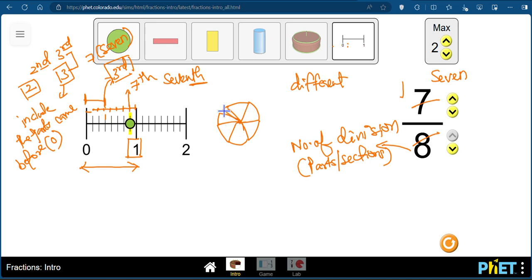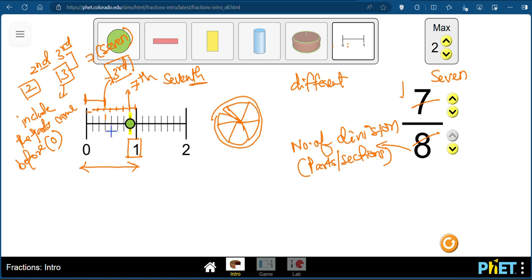Let me keep this much space for my eighth slice, although it doesn't look like all equal slices, but you get the idea. When I say 7, it means all these slices, correct? All slices. And where are all these slices kept? On a board, a plate. So basically, all 7 slices have covered my plate. It's covering everything, it's covering the area.